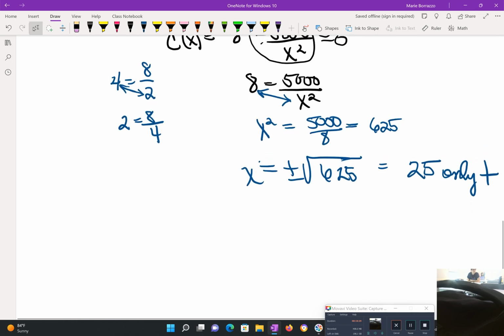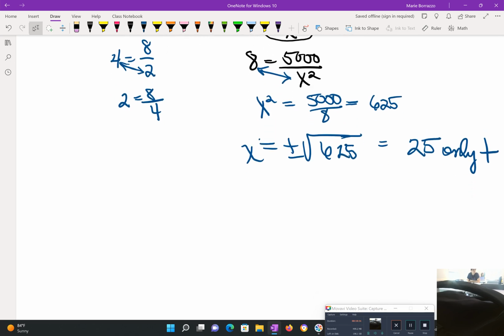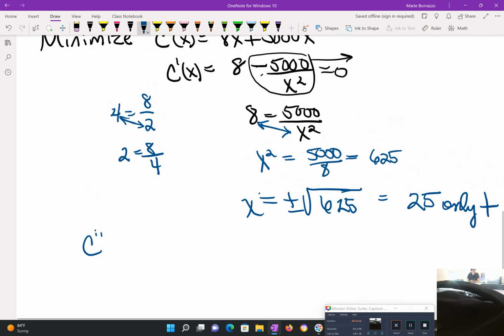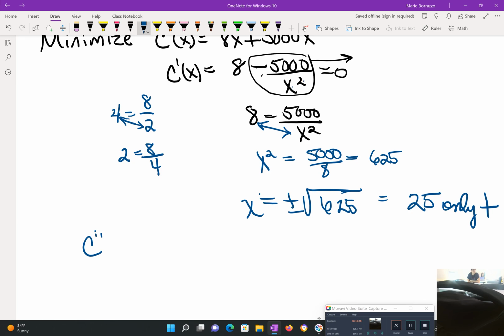If I take the second derivative, notice that I'm now taking the second derivative of this equation. Remember, this is initially x squared, so the first derivative is 8 minus 5,000 times x to the negative 2.